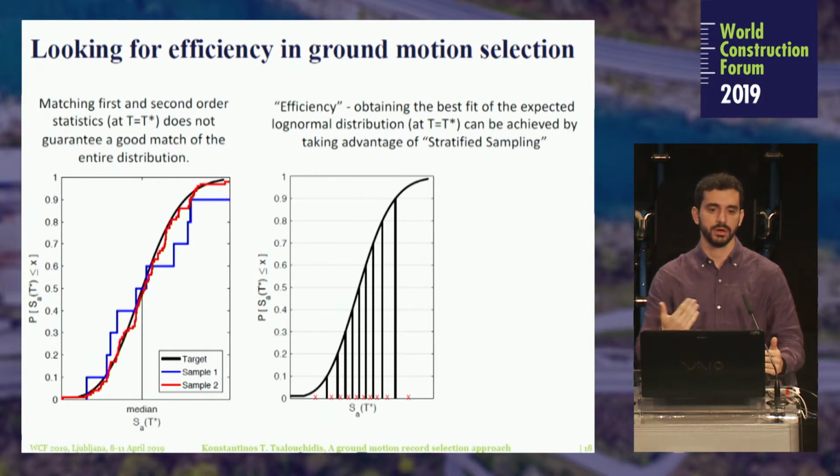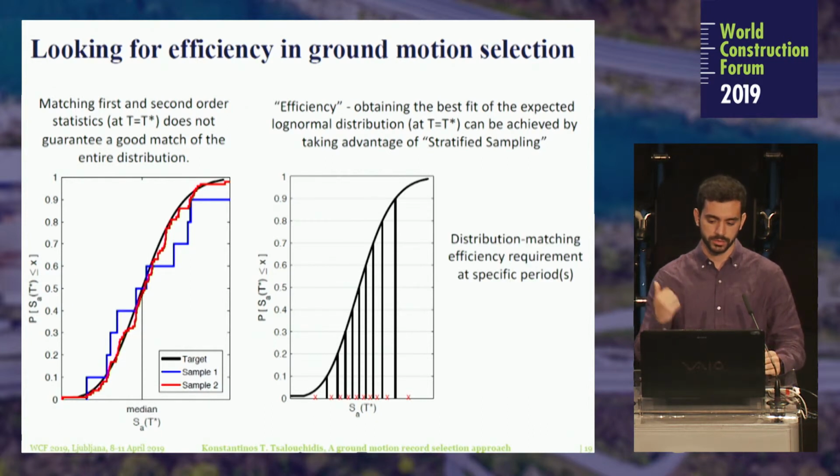We don't generate values; we have to select recorded ground motions. So the equivalent to stratified sampling here would be to select ground motion records whose spectral accelerations fall into these bins, so that we can take advantage of the stratified sampling technique. I will refer to that requirement as the distribution matching efficiency requirement.